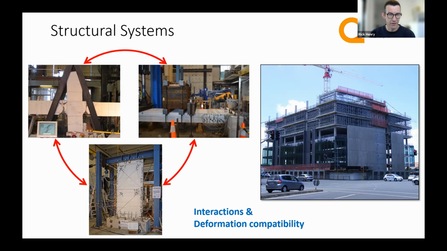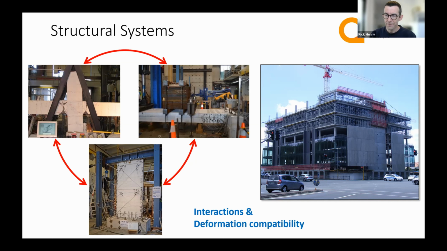So when we look at different components, we might have beam, column, frame connections, floor elements, wall elements. A lot of our past research focuses on understanding the seismic performance or response of these components, and we develop our design rules around those when we're working on design guidelines and standards.